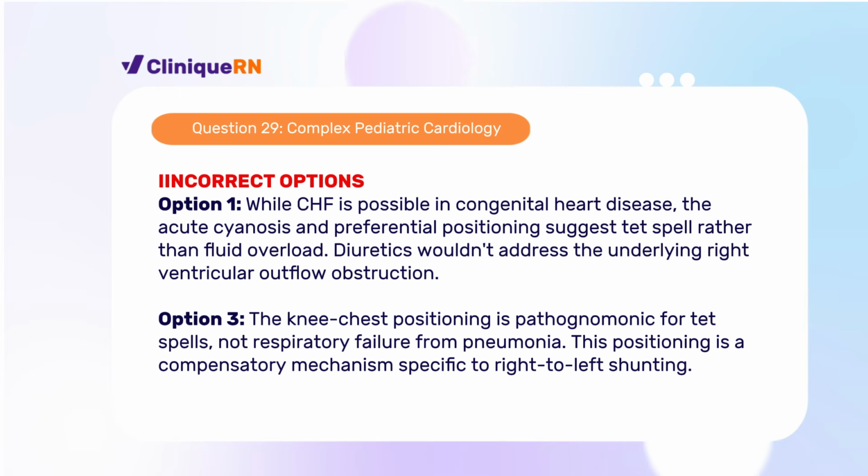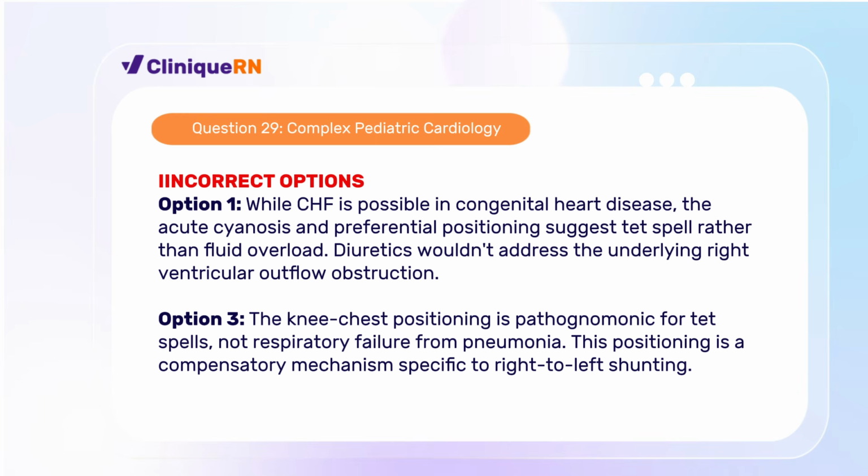Why are other options incorrect? Option 1. While CHF is possible in congenital heart disease, the acute cyanosis and preferential positioning suggest TET spell rather than fluid overload. Diuretics wouldn't address the underlying right ventricular outflow obstruction. Option 3.